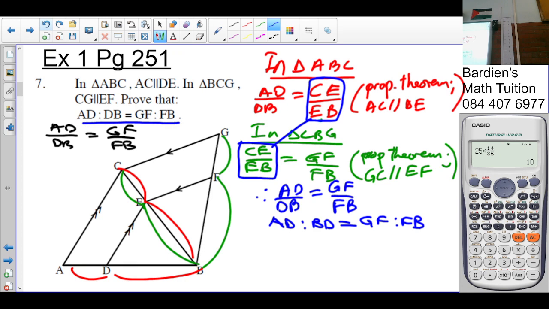You guys understand? Very importantly, this is a prove that question or a show that question. If that question comes in, here it says prove that, that is the case. I do not use that in the sum. I only come to conclude it. You guys understand? I never use that anywhere in the sum.